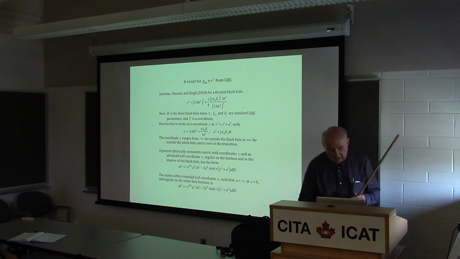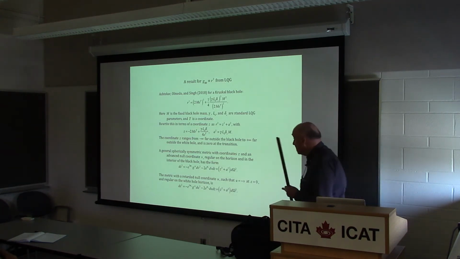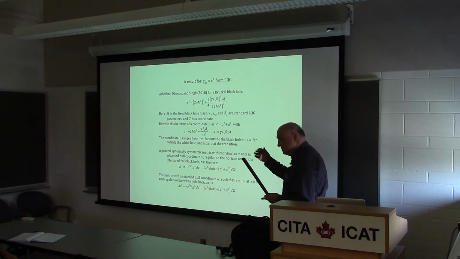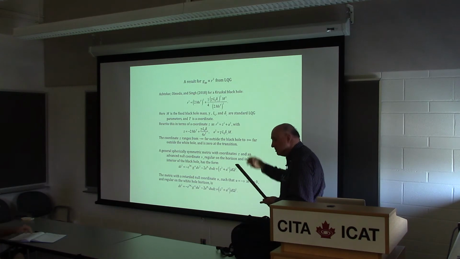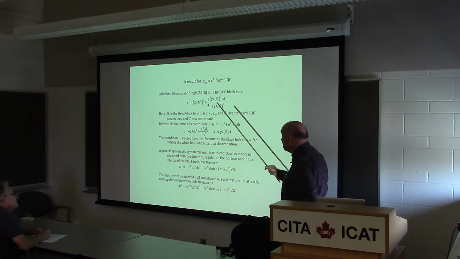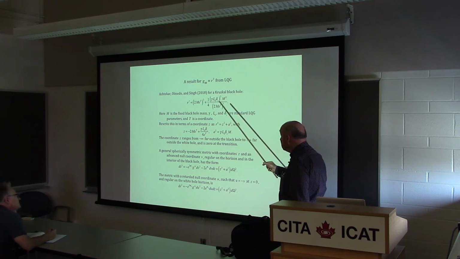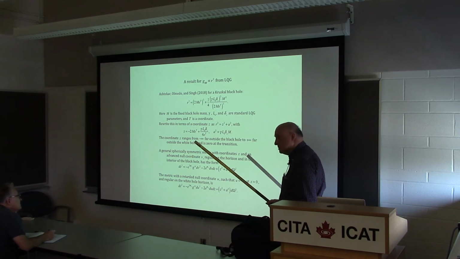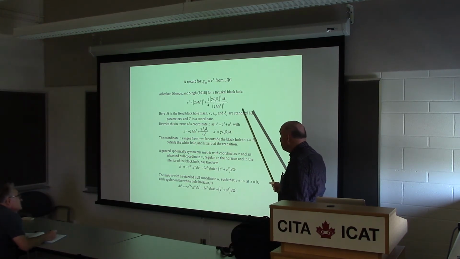Now, of course, what you have to address then is, what is it that imposes this minimum circumferential radius? Here I just quote a paper from a little over a year ago by Ashtekar, Olmedo, and Singh. I don't claim to be an expert in loop quantum gravity, but these people are.